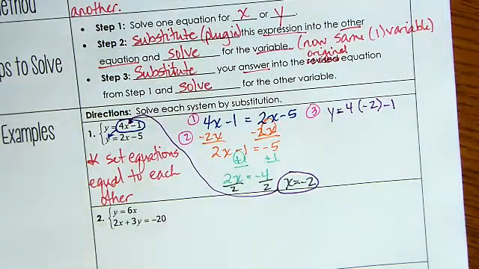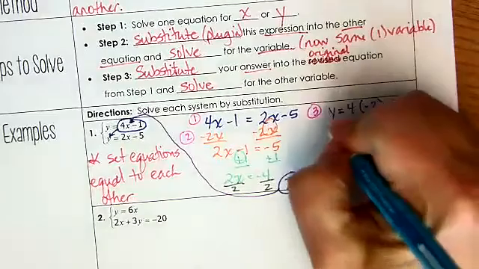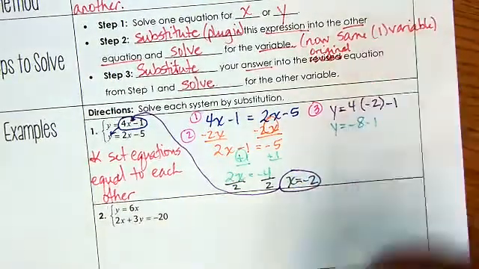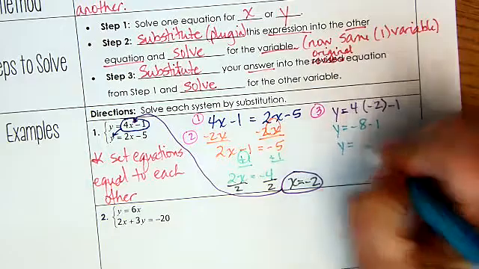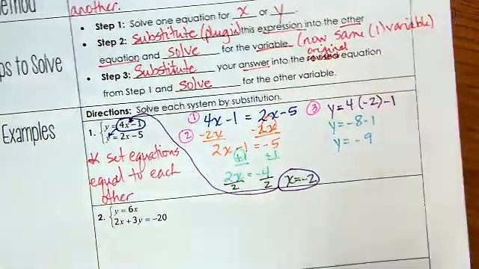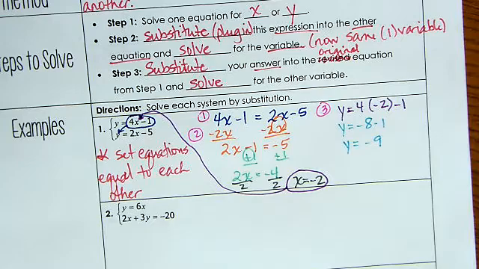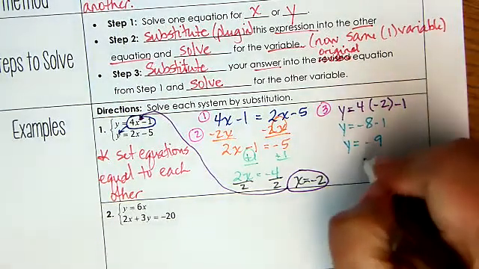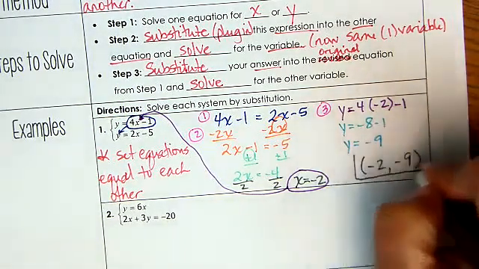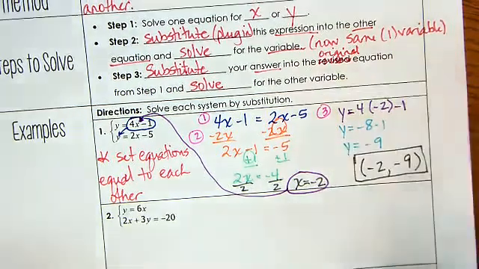And now we simplify. y equals negative 8 minus 1. y equals negative 9. So we have a final answer, and we write it as the ordered pair, negative 2, negative 9. This is my final answer.